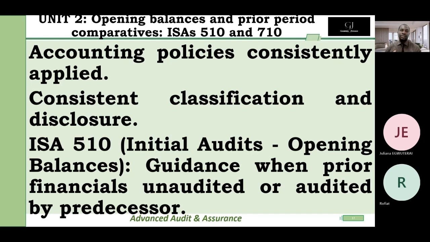For the initial audits, opening balances we spoke about for a particular year entering into another year, we have to be guided when prior year financial statements are not audited or audited by a predecessor, an outgoing auditor, and an incoming auditor is coming to review what has been done previously. We need to be very sure that whatever we are carrying over is correct and they align, they marry together. It's very important that there are no dichotomies in these figures.